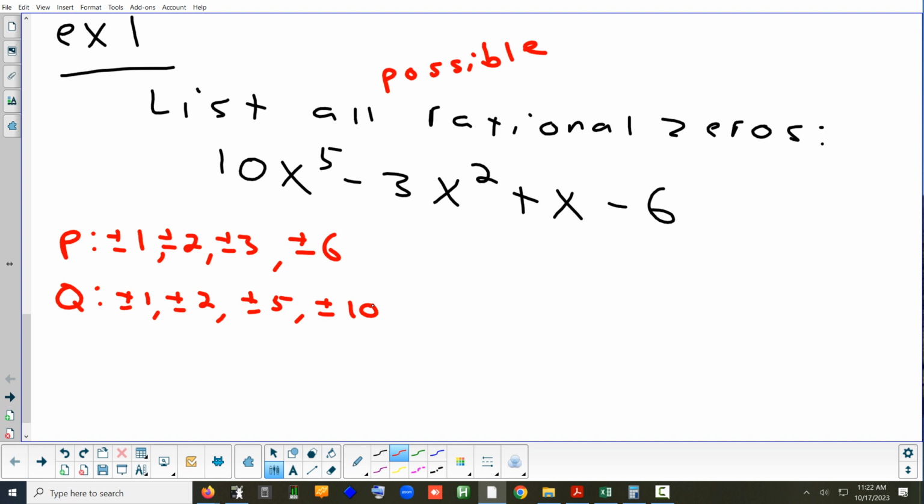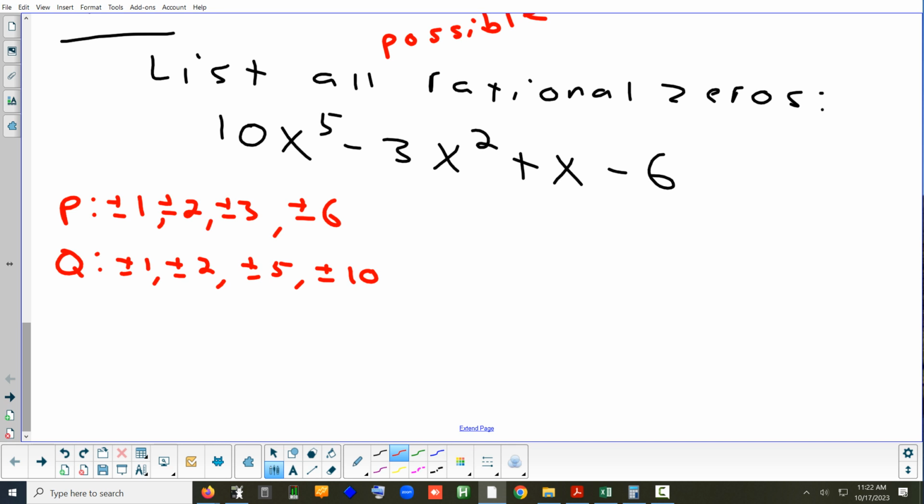Now we have to list all the possible p's over q's. So the way I do it is let's start with that one in the top, and then list all the different denominators you could have with a 1 in the top. So here's our list.